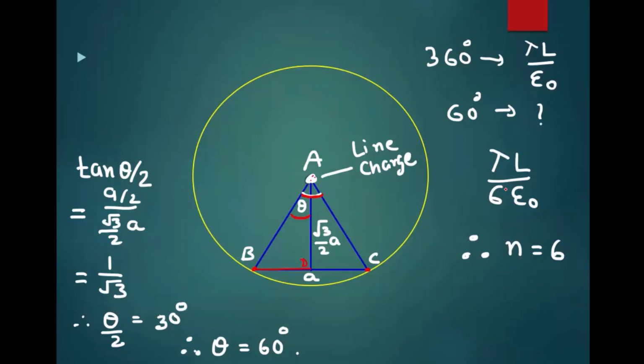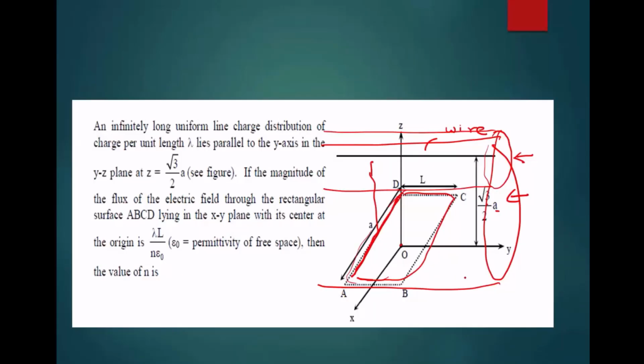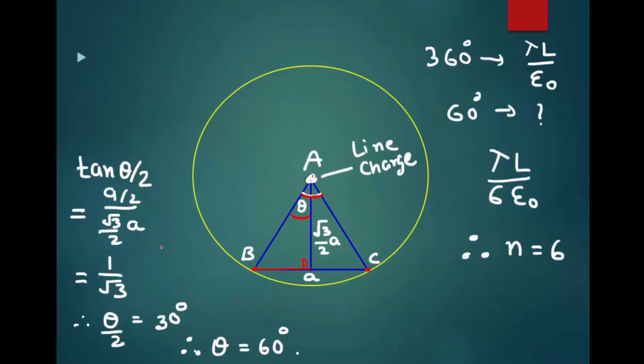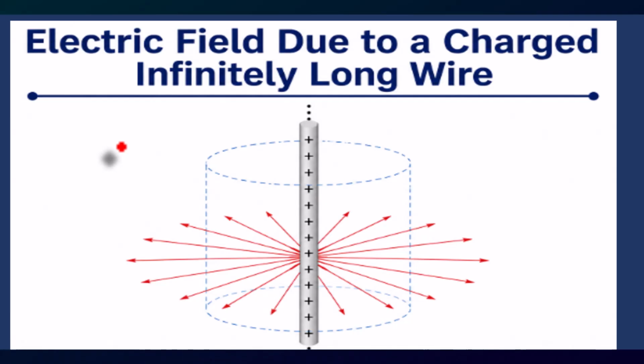And if I compare with the formula given in the question, lambda L upon n epsilon naught, then n will become equal to 6. So this is how we can find out the value of n using our understanding of flux for a uniform long wire.